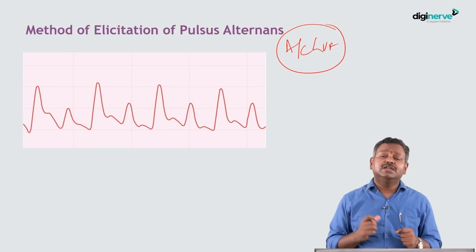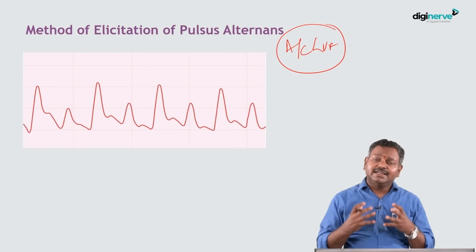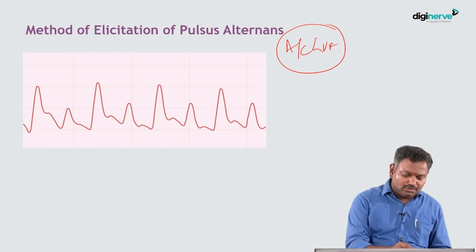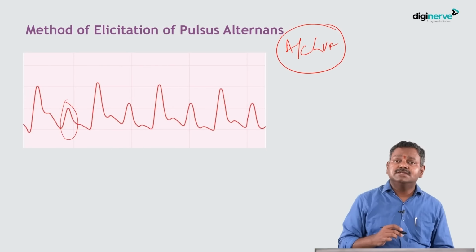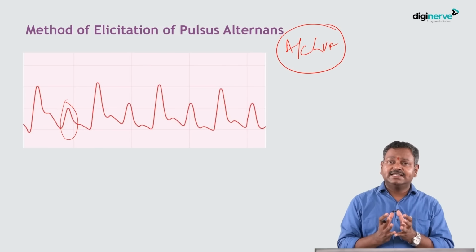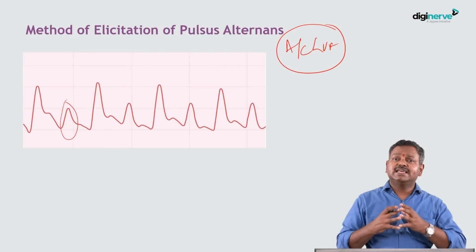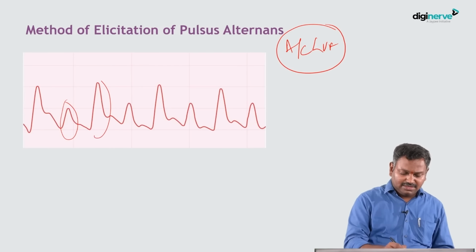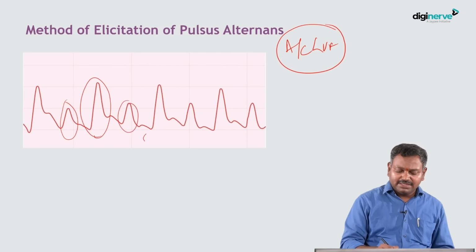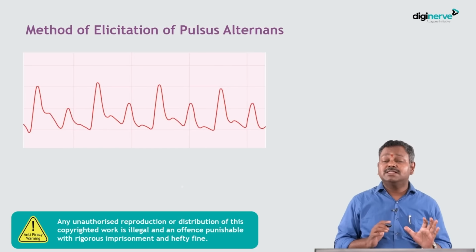When there is an acute left ventricular failure, the cardiac output decreases, so you get a low volume pulse. Blood remains in the ventricle and stretches the ventricle, so the next beat is going to be strong. Again the next beat is going to be low, the next is going to be strong, the next is going to be low. So you get alternating high and low volume pulse. That is what you get in case of pulsus alternans.